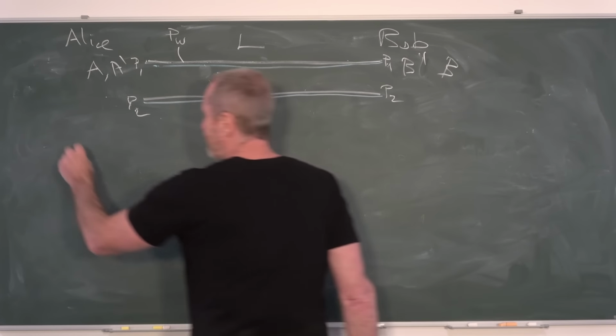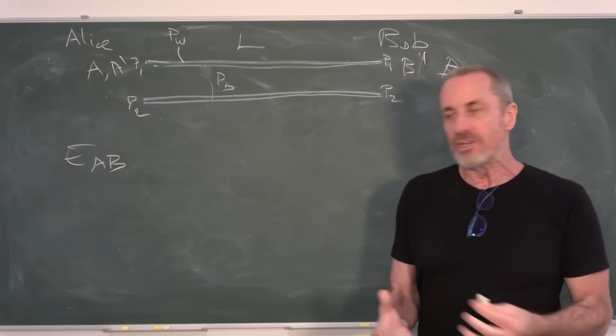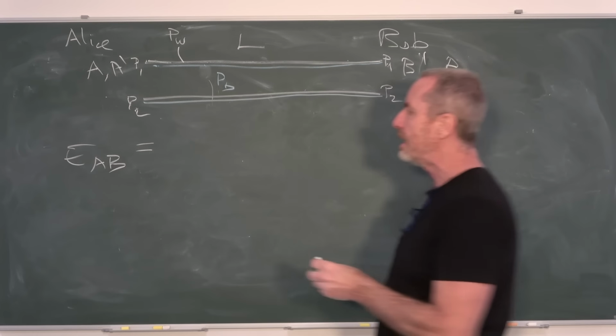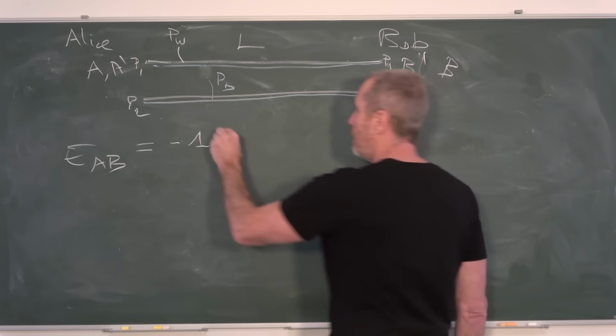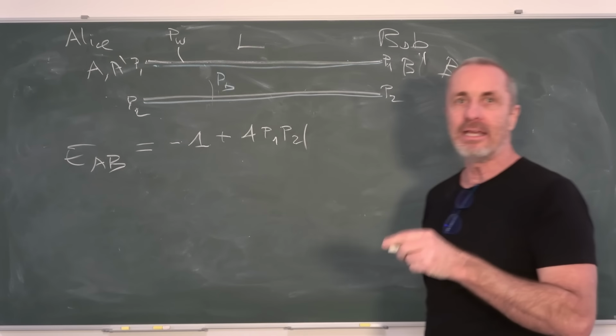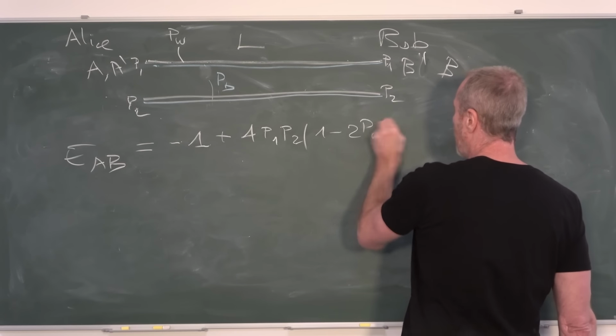I have done properly all the calculations, and the result is that the correlation function E_AB is minus 1 plus 4 P1 P2, and here in the parentheses, 1 minus 2 P white P blue.